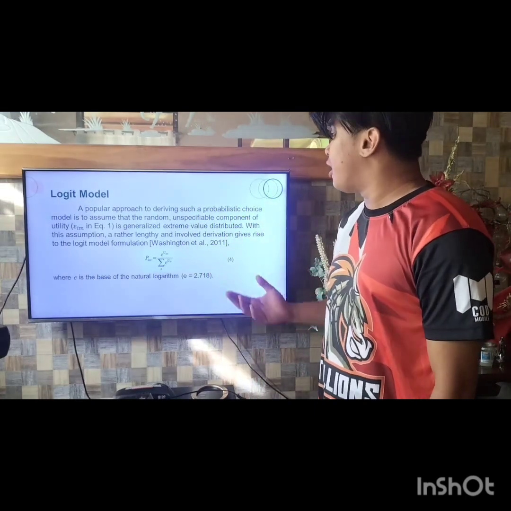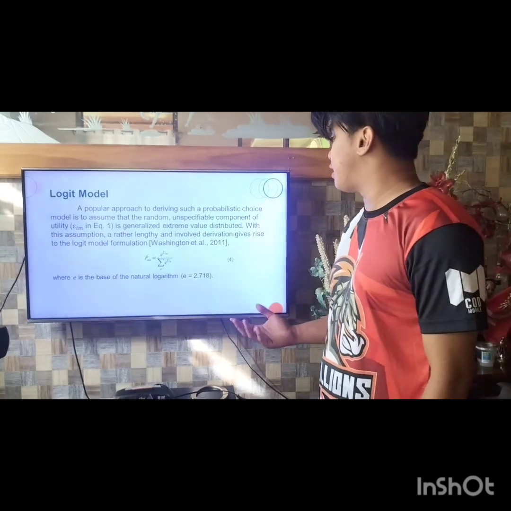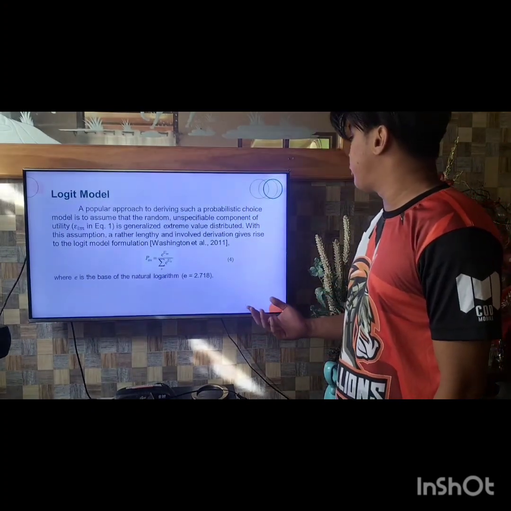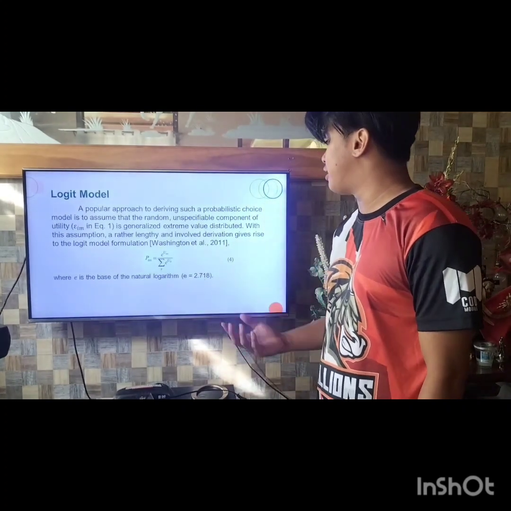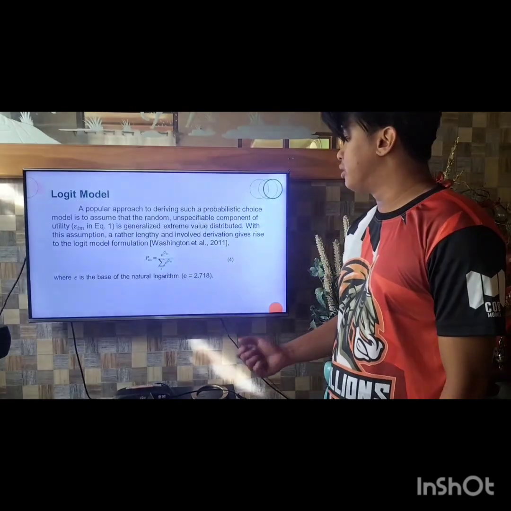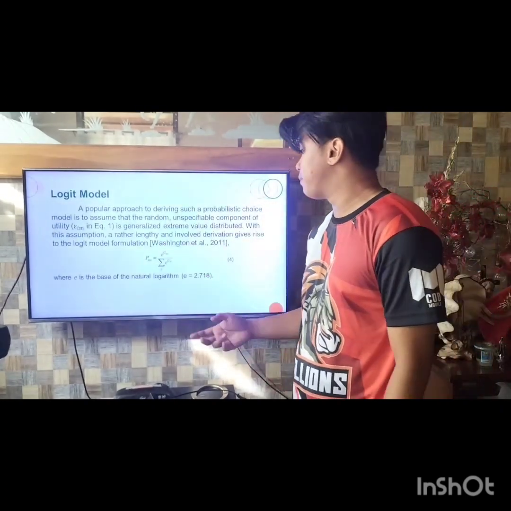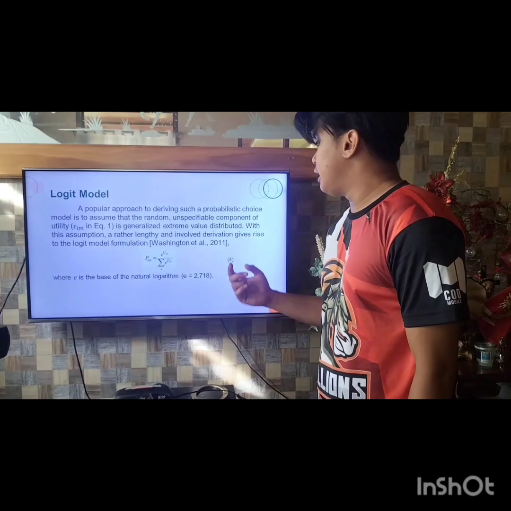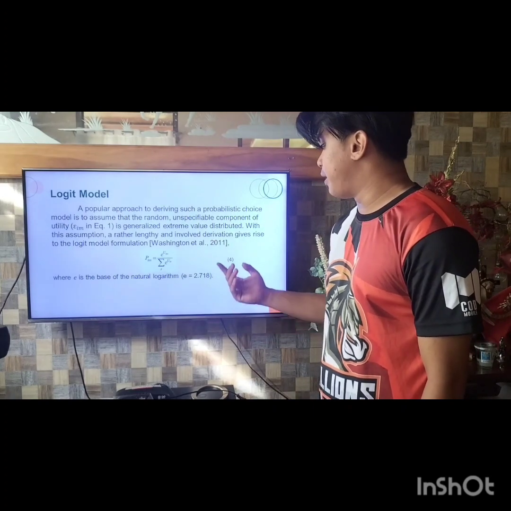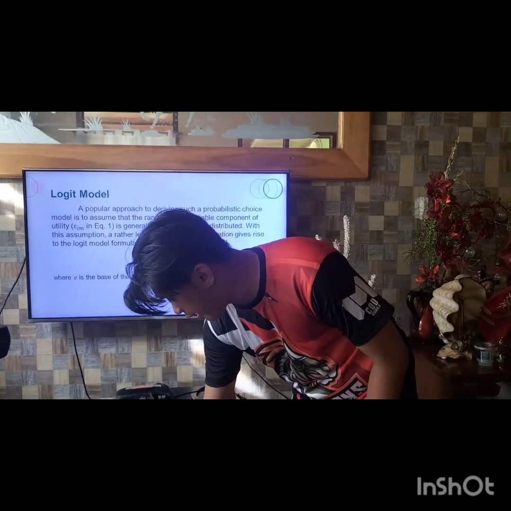A popular approach for deriving the probabilistic choice model is to assume that the random unspecifiable component of utility is generalized extreme value distributed. With this assumption, a rather lengthy and involved derivation gives rise to the logit model formulation. The formula is P sub IM is equal to e raised to U sub IM over the summation over S of e raised to U sub IS, where e is the base of the natural logarithm.